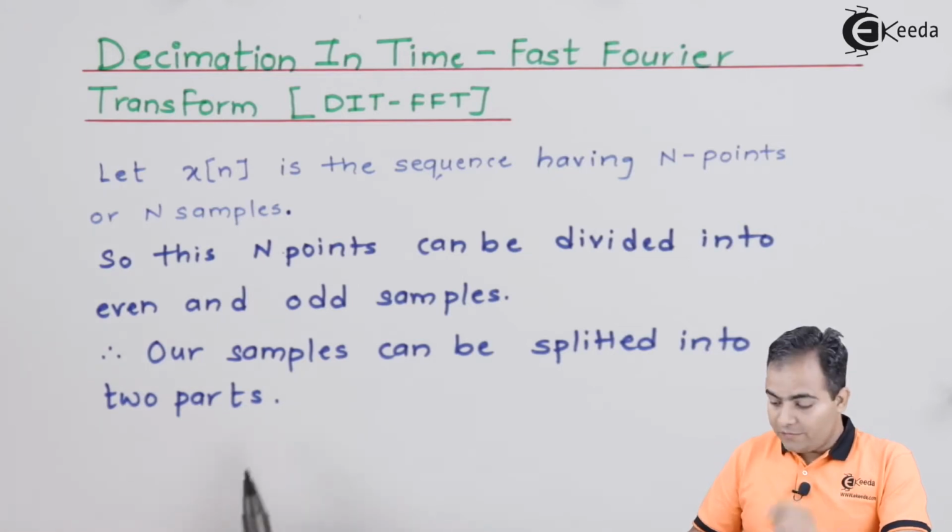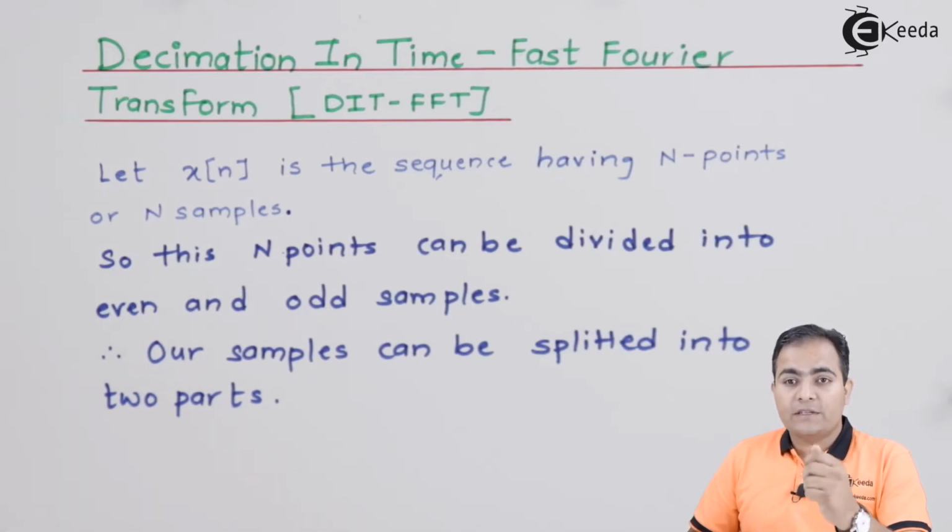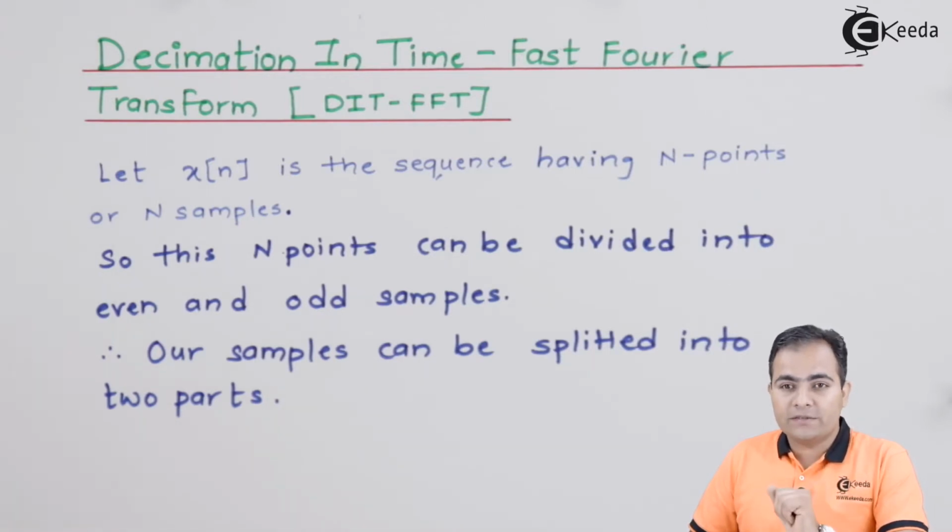So if we divide these into odd samples as well as even samples, then the last sample value is always n by 2 minus 1. If our counting starts from 0 and we divide the samples into two parts, the last limit would be n by 2, but since counting starts from 0, the last limit will be n by 2 minus 1.